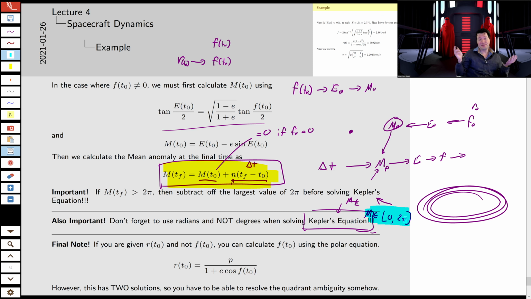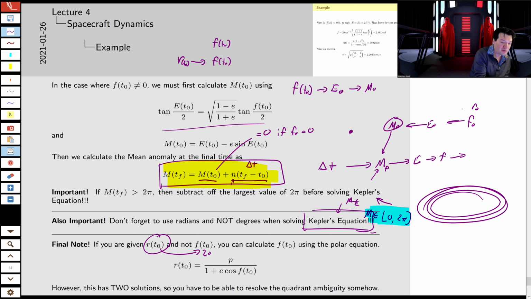Also, obviously, don't forget to use radians when solving Kepler's equation. Otherwise, it doesn't work, because remember those geometric calculations? One of them required that this angle, eccentric anomaly, be in radians. And a final warning: if you're given r naught, remember that generally leads to 2 values of true anomaly.